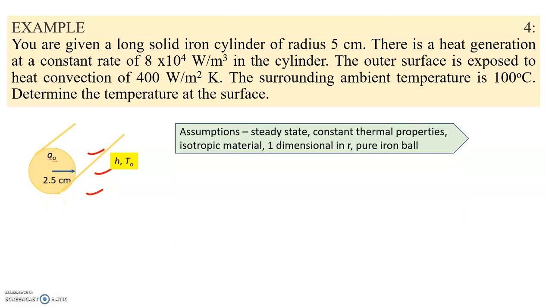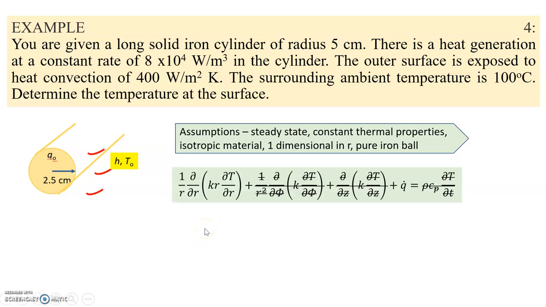You have your assumptions: steady state, constant thermal properties, isotropic material, one-dimensional in r, pure iron. You have the full three-dimensional unsteady heat diffusion equation in cylindrical coordinates, or polar coordinates, which upon the assumptions will give you the ordinary differential equation.